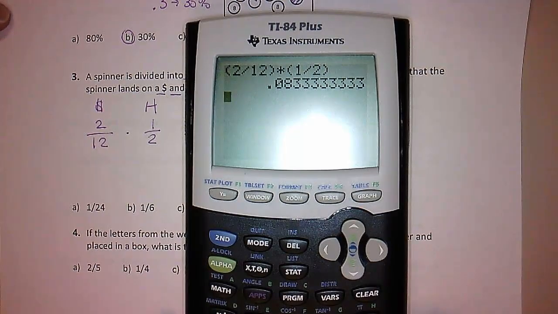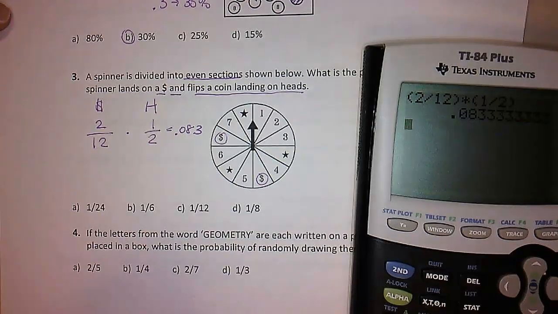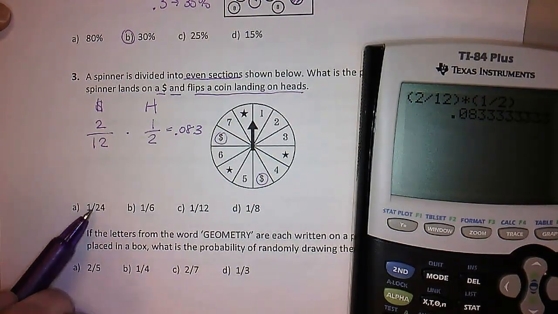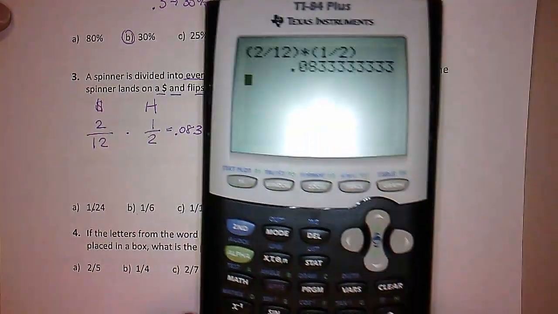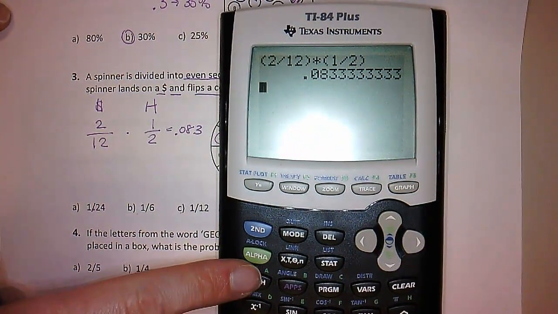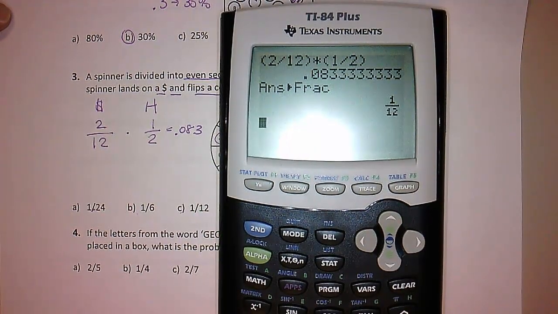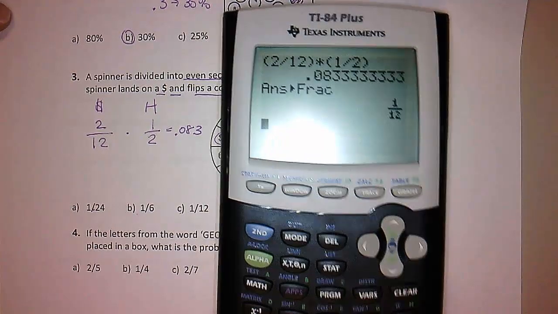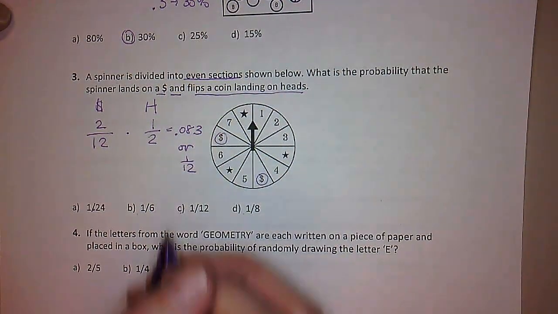My answer is a decimal, 0.083 repeating, but it doesn't look like my answer choices. So what was the trick to be able to get this to look like a fraction? Hopefully you wrote it down. We've got math, enter, enter. And that gives me the fraction of 1/12, which is answer choice C.